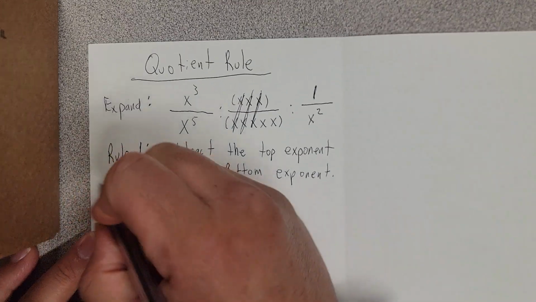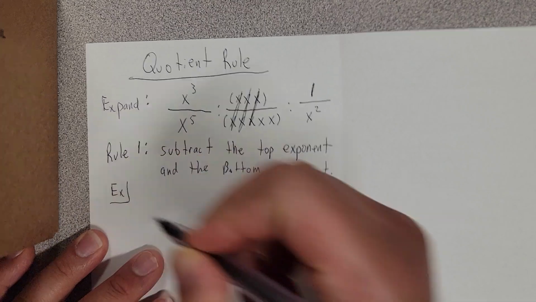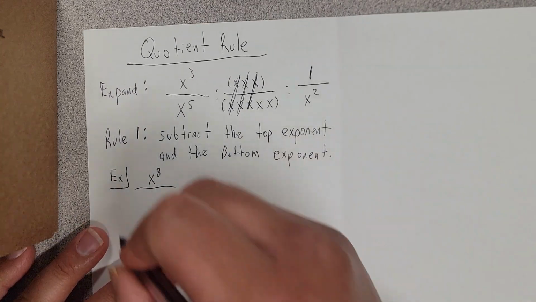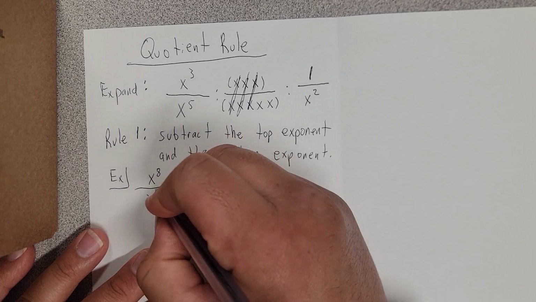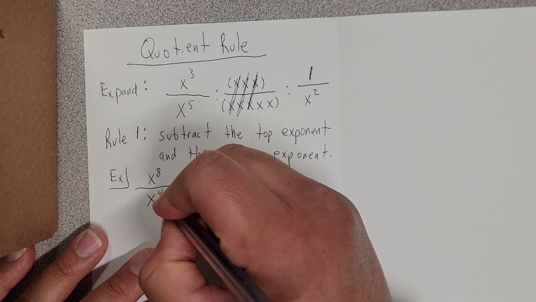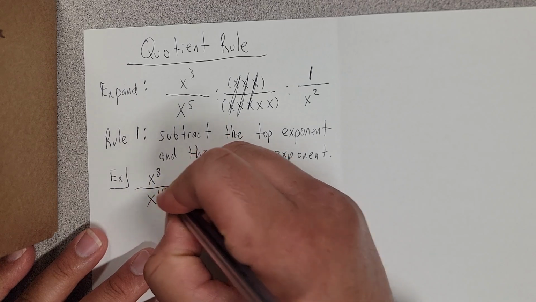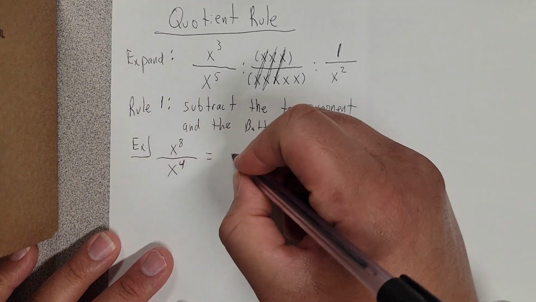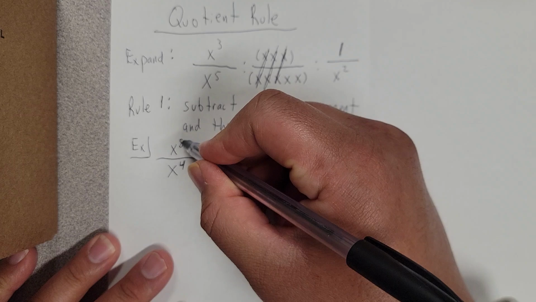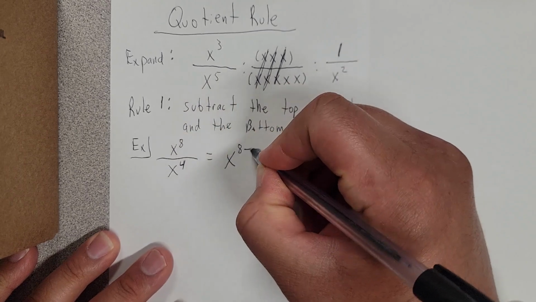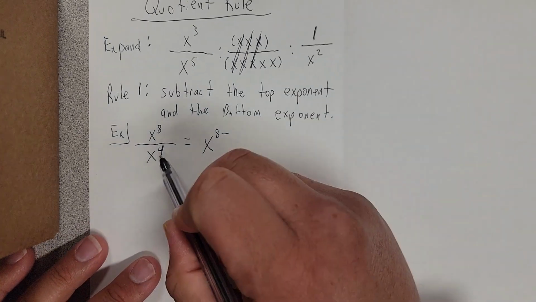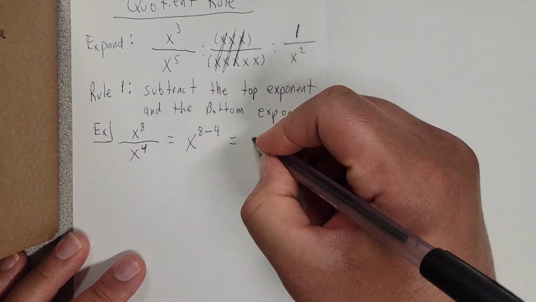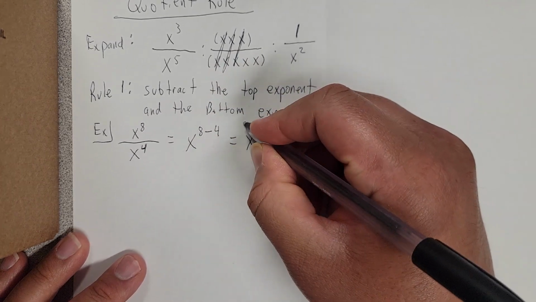So what I mean by that, let me do an example. If we have x to the 8th on the top, then we have x to the 4th on the bottom. The way this works is we just write down x, and the top exponent, this right here, the 8, we're going to write it down, then we're going to subtract the bottom exponent, the 4. So 8 minus 4 is x to the 4th power, and that's the answer.